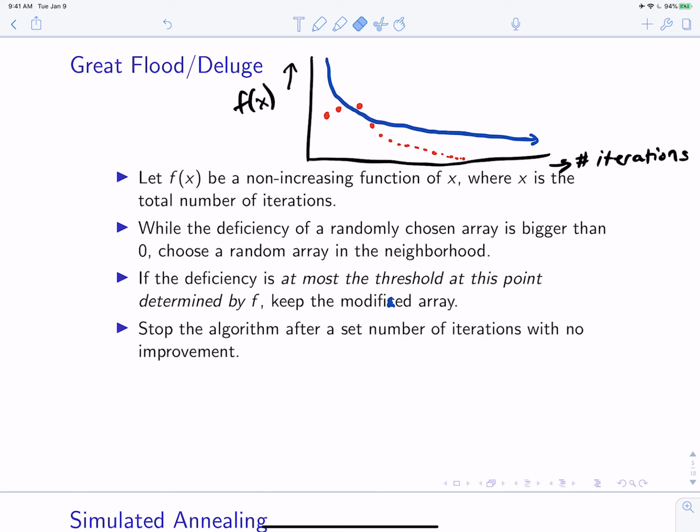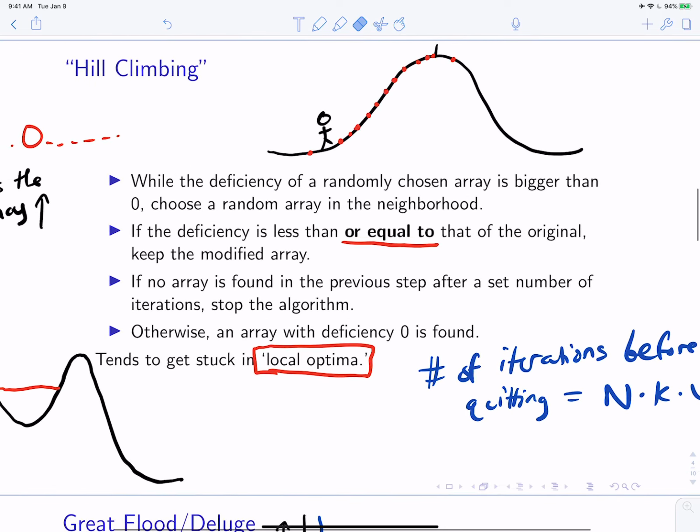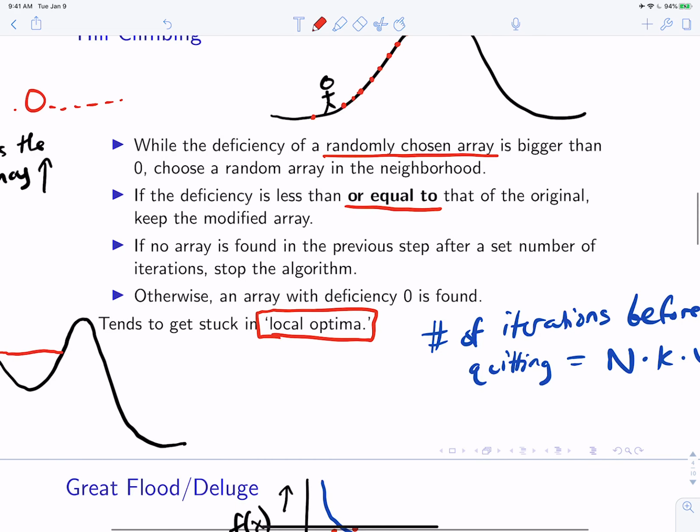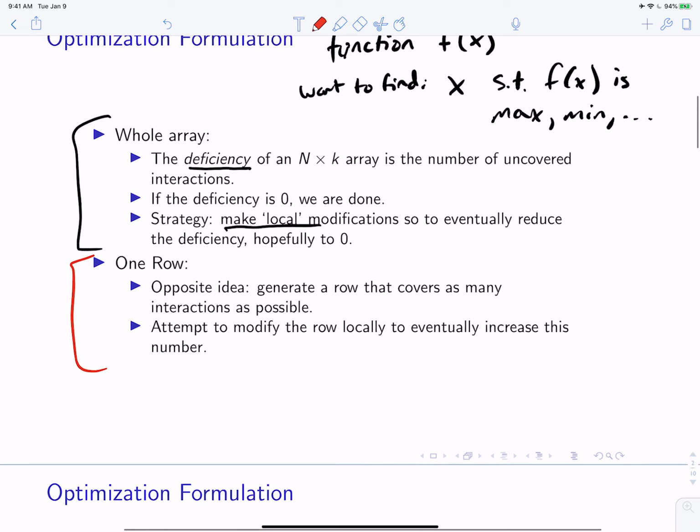Yeah. How do you decide the setting configurations? Oh, good question. I haven't talked about that. I kind of had it up here, which I didn't really talk about. So the usual way of doing things is you make the array completely at random because we don't know what it's going to look like. So you just pick one at random, and then you just try to improve that array, usually. And so that's the whole array formulation.